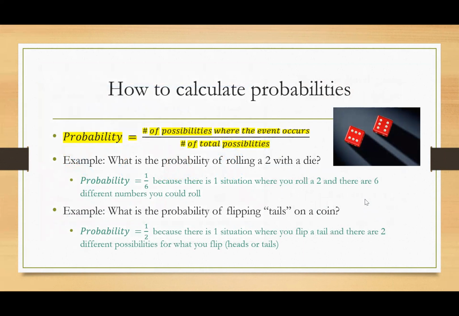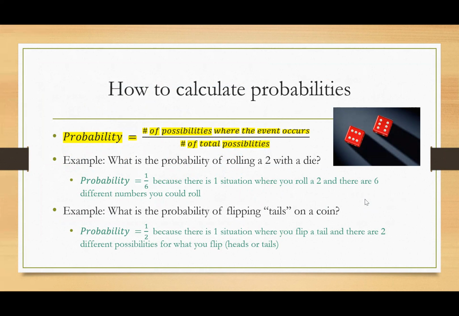How can we calculate probabilities? The actual formula for calculating a probability is the number of possibilities where that event occurs divided by the total number of possibilities. So if we have a basic example when we're rolling a dice, when you're rolling one die, there are 6 possibilities. You could roll the numbers 1 to 6.